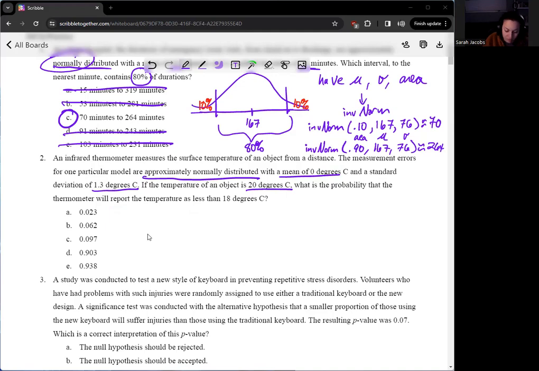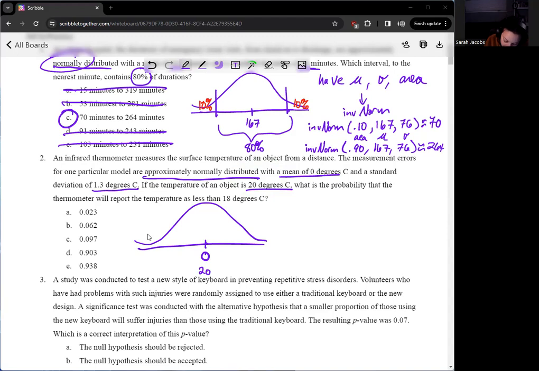Sweet. So again, normally distributed. Temperature of an object is 20 degrees. So 20 is here in the middle. And if there was no error, so the error is what's normally distributed. If there's no error, that would be at 0, 0 error.